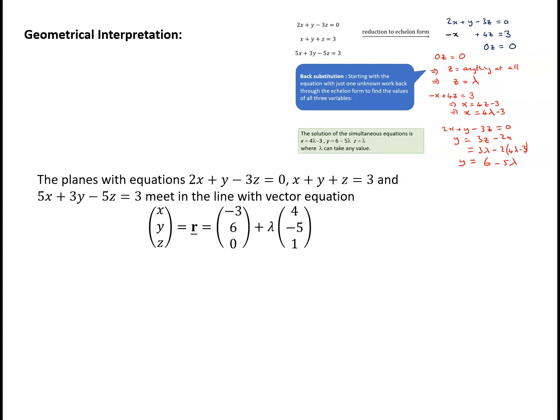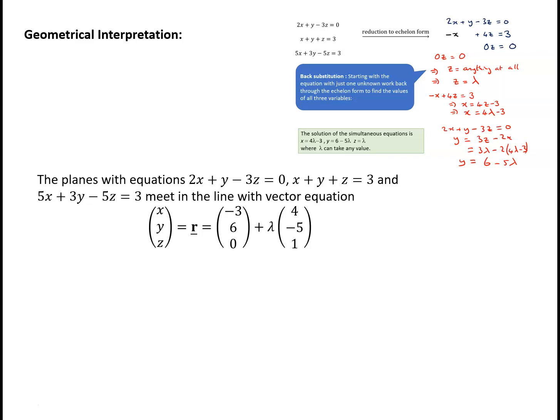Now, if we go back to our Unit 1 work, we could write that as xyz equals minus 3, 6, 0 plus lambda times 4, minus 5, 1.